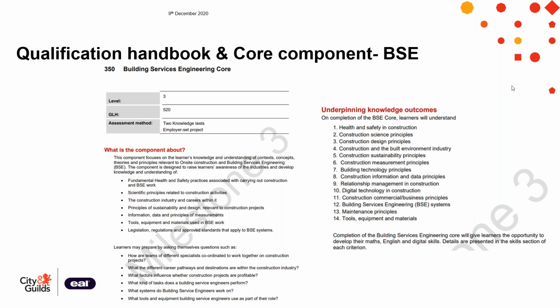In the right-hand column, the underpinning knowledge outcomes, outcome 12, for example, relates to BSE systems. This gives a learner a broad overview of system types within BSE.